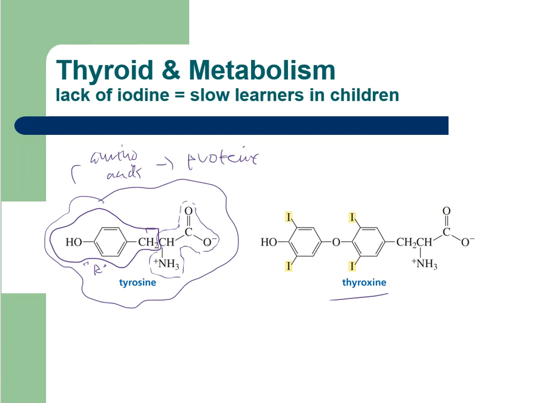But look at the structure of thyroxine. Here is the carboxylic acid piece. Here is the amino piece. So all of this is part of the amino acid that was there. This CH2 with a benzene ring. Look at this, CH2 with a benzene ring, right? Look at what we've done. Your body has iodated that ring system, and that ring was a benzene ring.